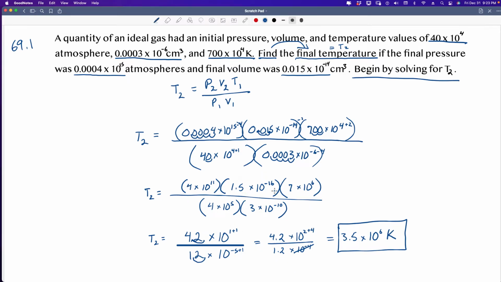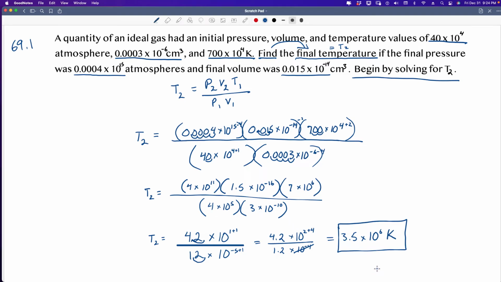We multiply the whole numbers first, then we add the exponents on the 10. We just treat this times 10 with an exponent just like a variable. So we just add the exponents together. It's times 10 is the base variable, and the exponents get combined. And then that is how we solve it. Then we get our number down here. We divide the whole numbers, and then again, we treat this like a variable, bring it up to the top and change the sign, and then we have our answer.